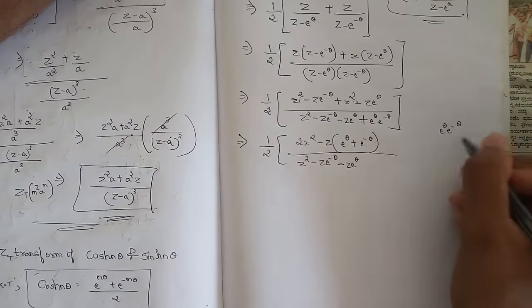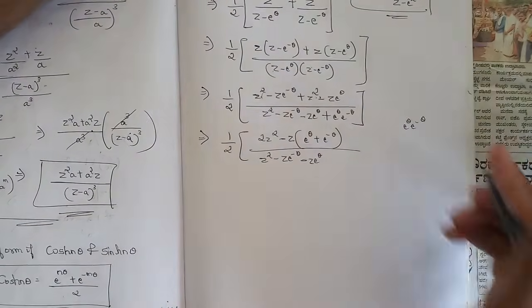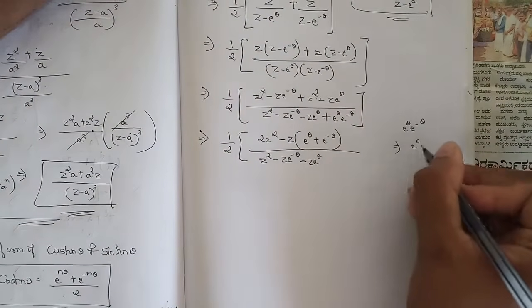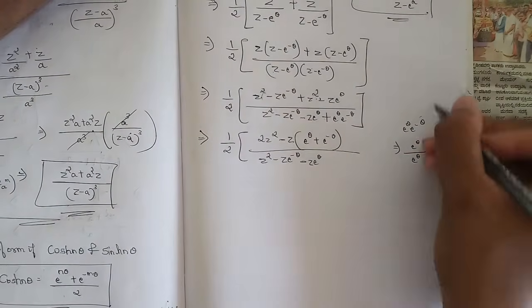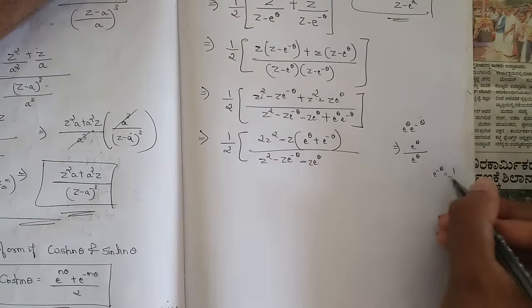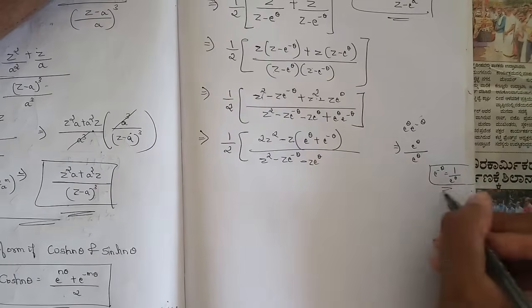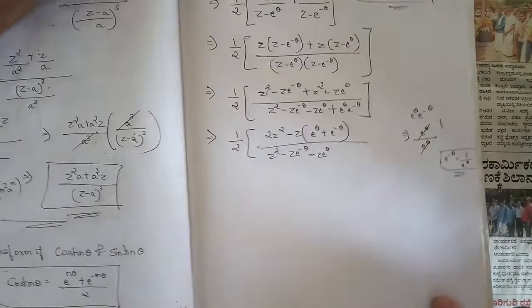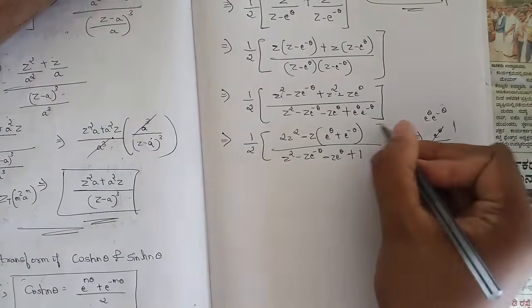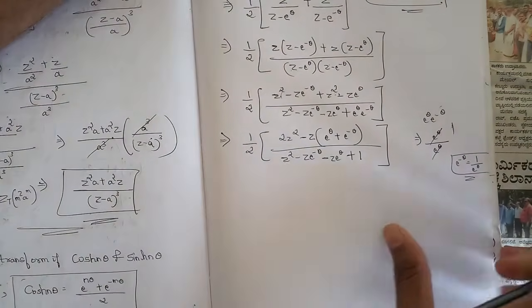By simplifying this, bring the e power minus theta to the denominator, so it becomes e power theta divided by e power theta. We know that e power minus theta is equal to 1 by e power theta, so that's all I did, and we can cancel it and make it 1. So I'll directly write it as plus 1.